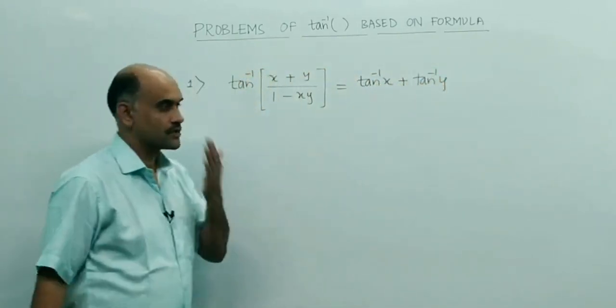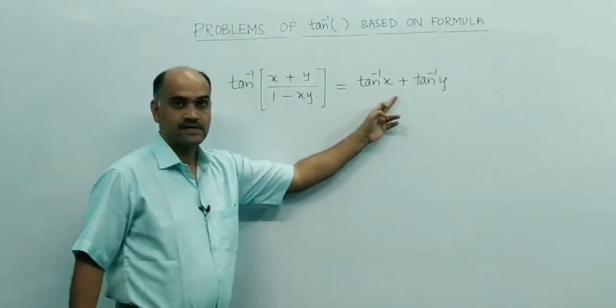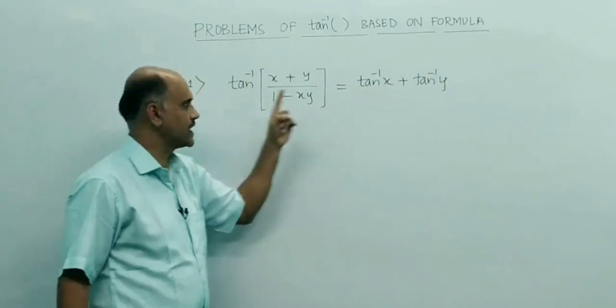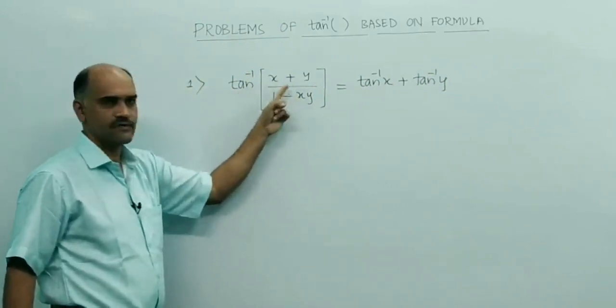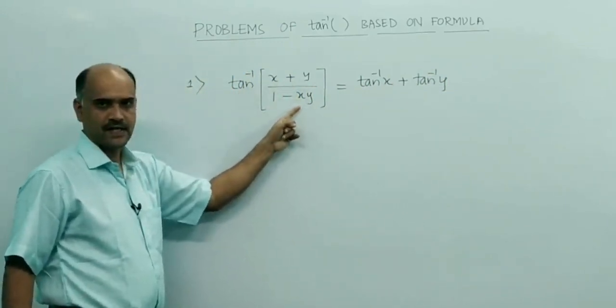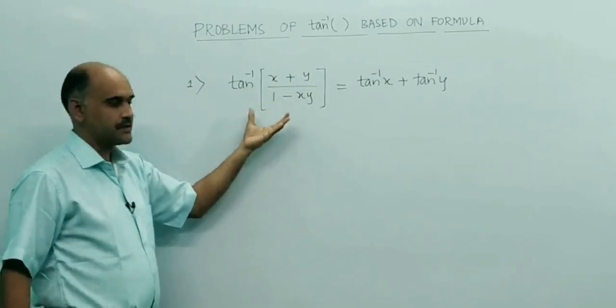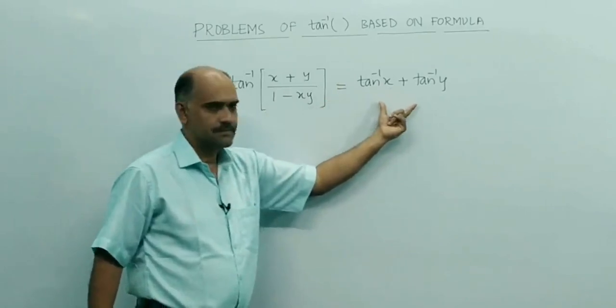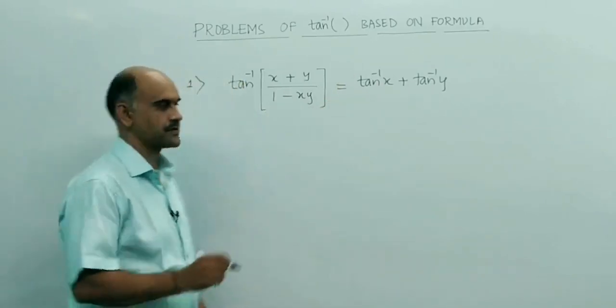So in inverse trigonometric functions, we have seen it in this form: tan inverse x plus tan inverse y is equal to tan inverse of (x plus y) by (1 minus xy). Here in differentiation, the problem will be in this form. We will write it in the simple form and then differentiate.